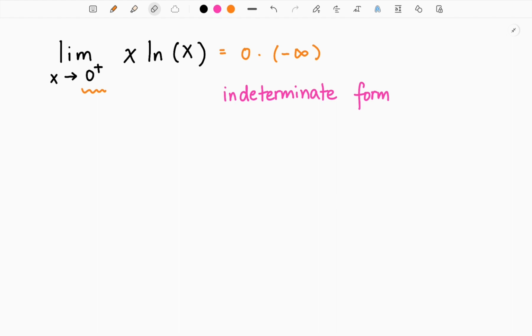So the key for resolving this indeterminate form is we want to rewrite the product x times ln of x as a fraction, and this would allow us to apply L'Hopital's rule.